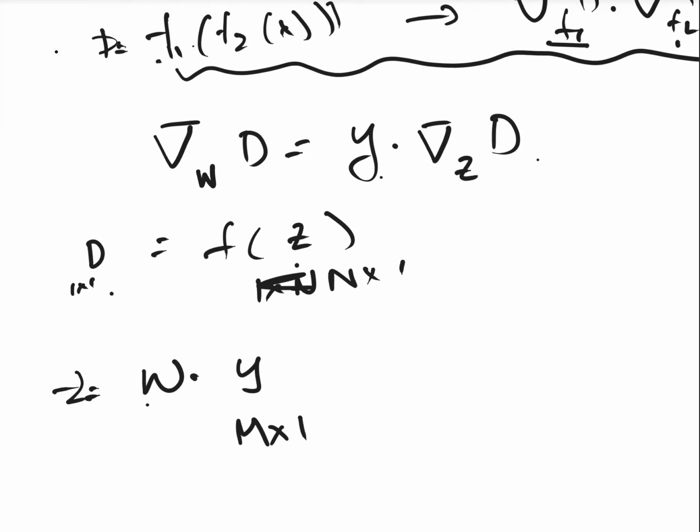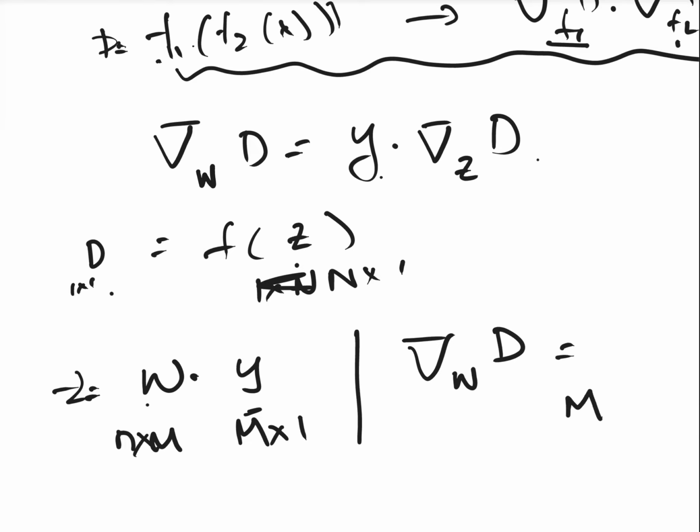What is the size of W? N cross m, right? And what is the size of the derivative of D with respect to W? W is n cross m. What is the derivative of D with respect to W? The transpose, right? This is going to be m cross n, correct?